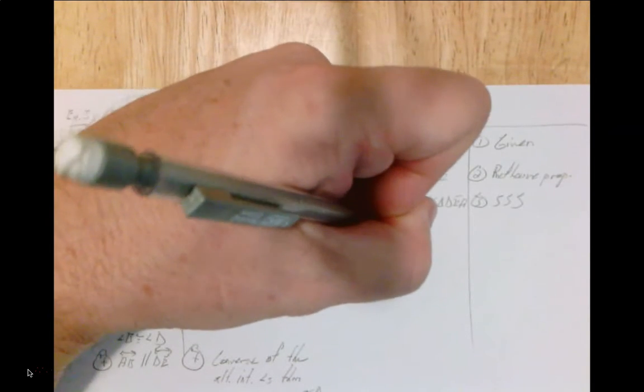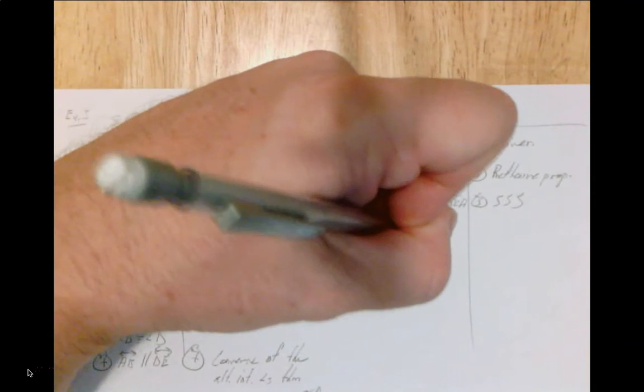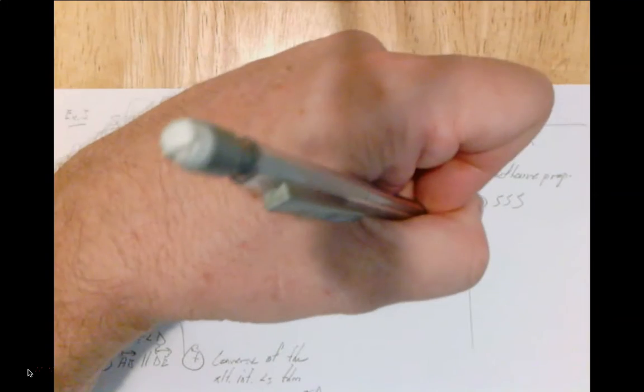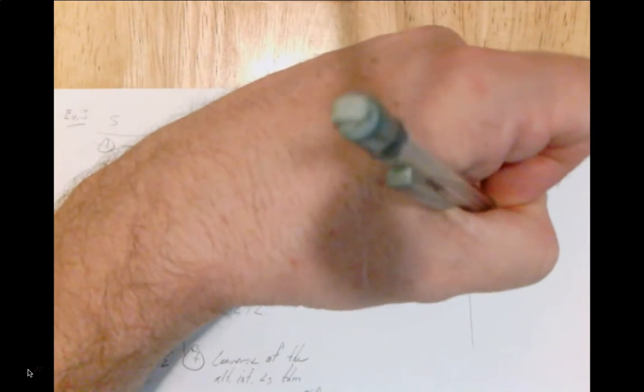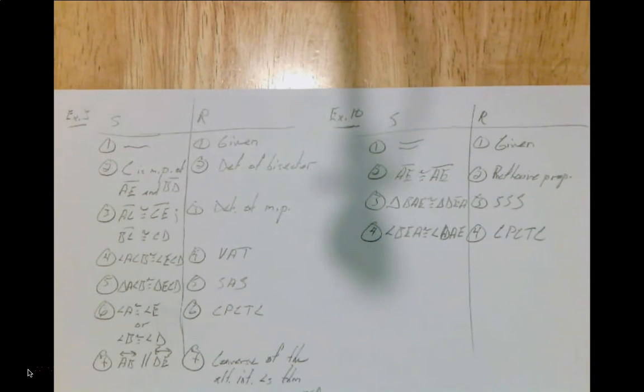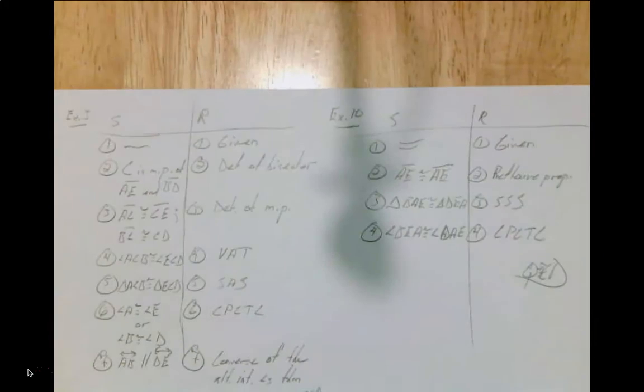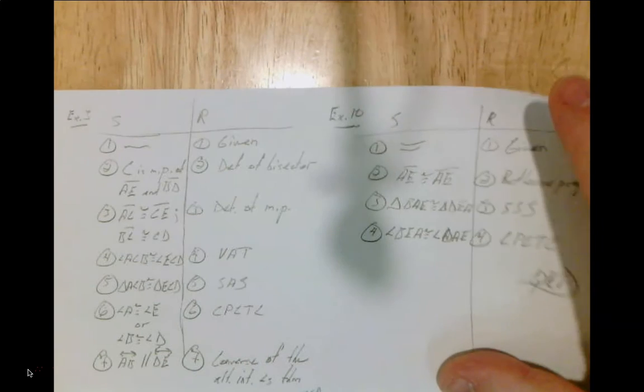Angle BEA congruent to angle DAE, CPCTC. Corresponding parts of congruent triangles are congruent. QED. Alright, that was example 10.